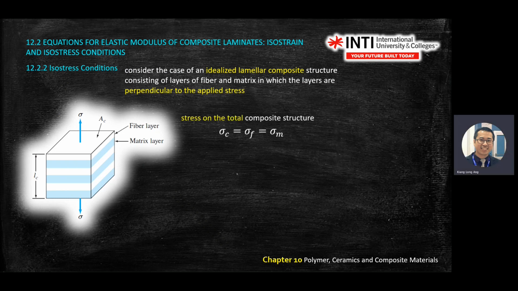When you have isostress and you have this setup, for example, you have one layer of fiber continued with matrix, fiber, matrix, fiber, matrix, and then you have loading stress at both ends, so it's pulling both ends, so you're having tensile loading. And you have an area, and you have a length of a composite. So let's say this is a complete composite, right?